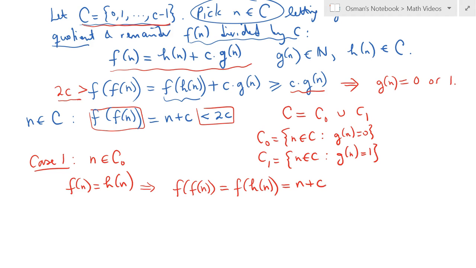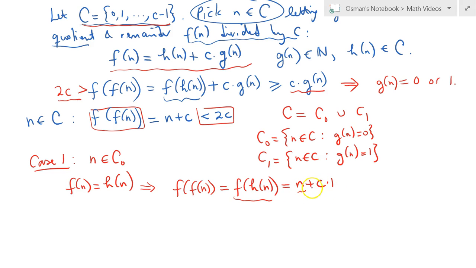Now what I will do this time is apply the division algorithm to f of h of n, so to this guy here. If I apply the division algorithm and divide it by c, we get a quotient of 1, so you can just say times 1 here, and the remainder is n.